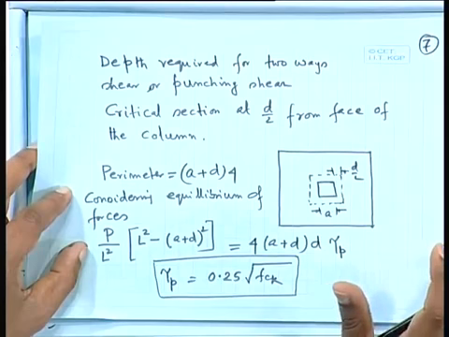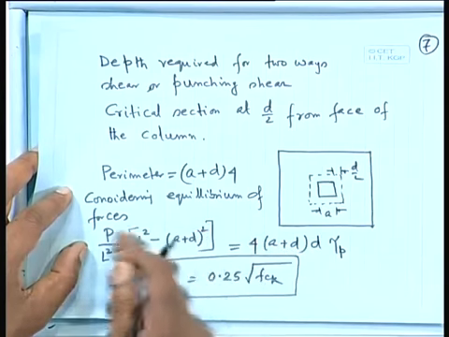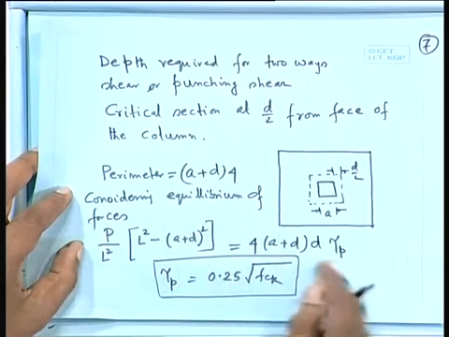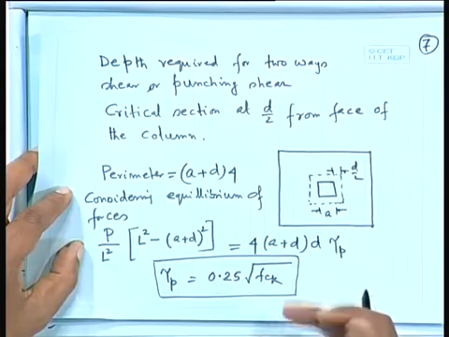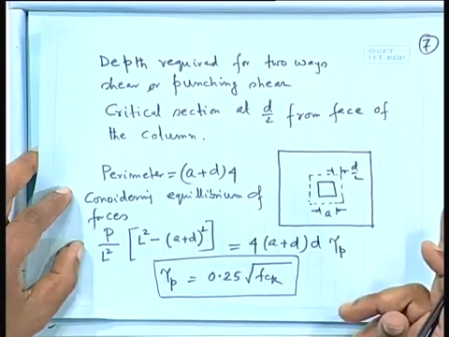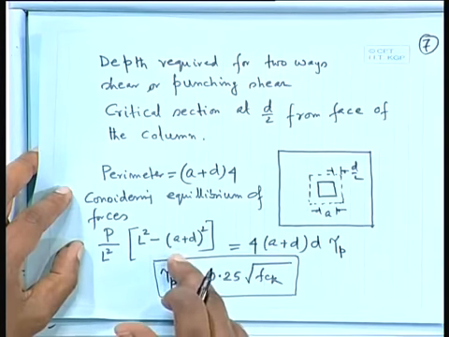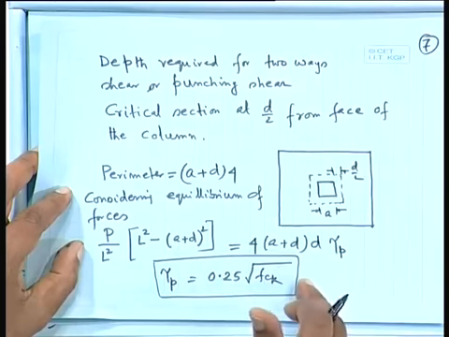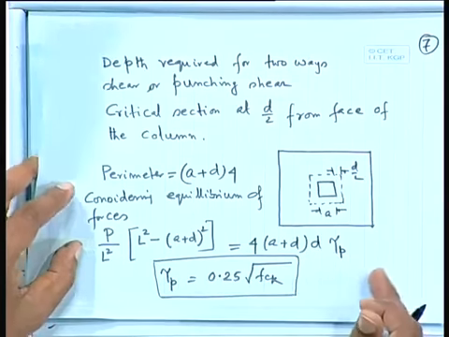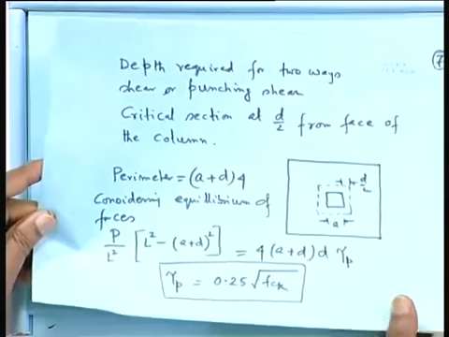Otherwise you have to increase it. Another alternative is to expand the expression in D square and calculate D from there also. Since we already know 570 millimeter, we can keep it here and check whether the D comes out less than 570 or not.